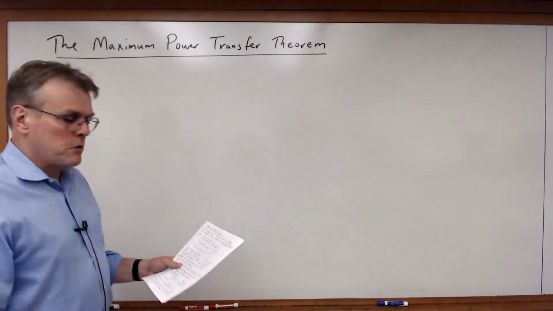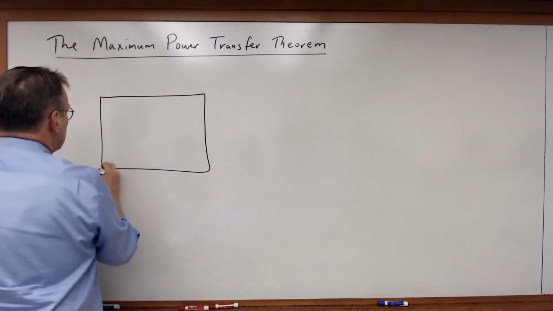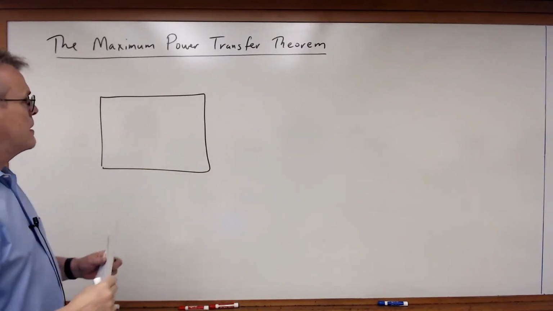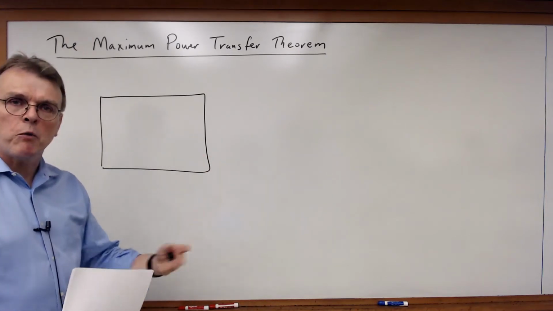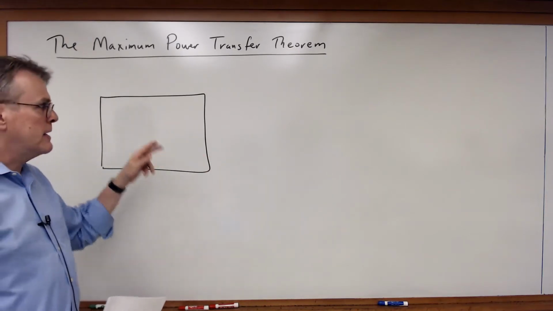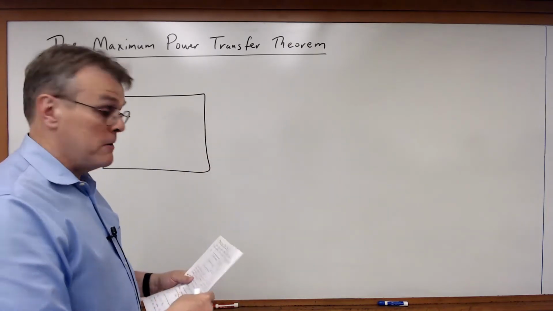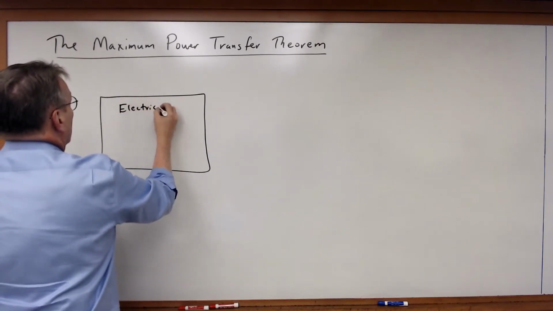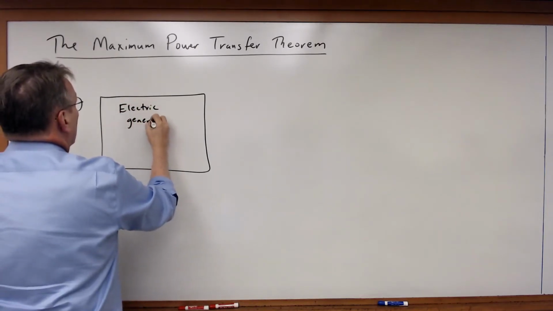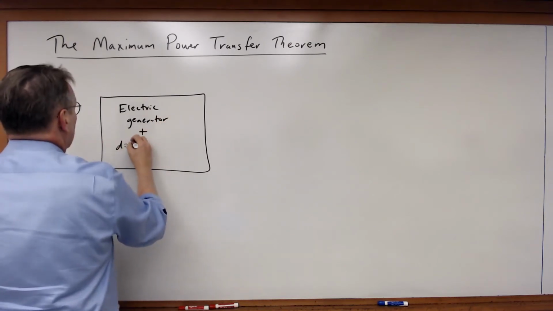Let's assume we have a circuit, and this is a linear circuit. This linear circuit represents an electric generator with the distribution network, the wiring that it takes to get the power from the generator to, for example, a customer or to a load. So this is our electric generator, plus a distribution network.